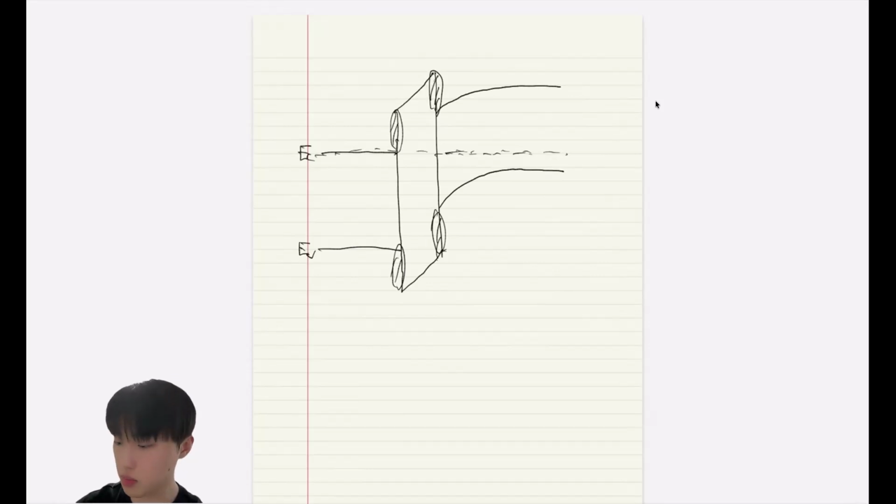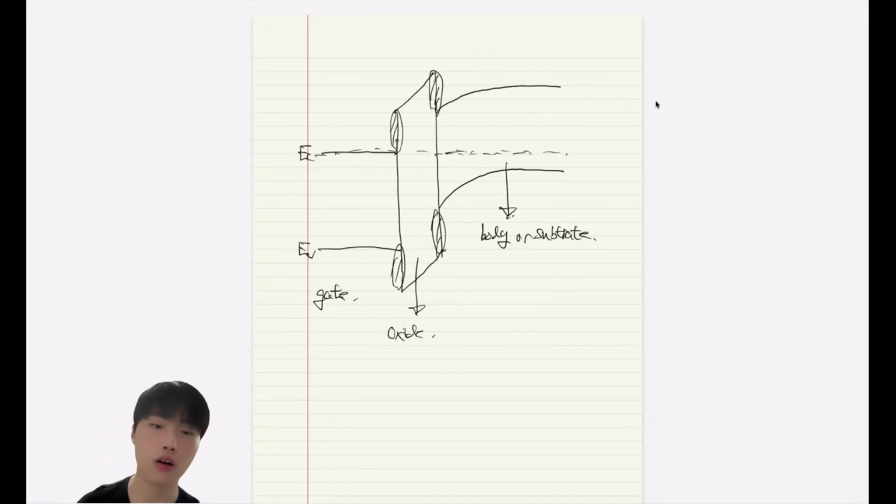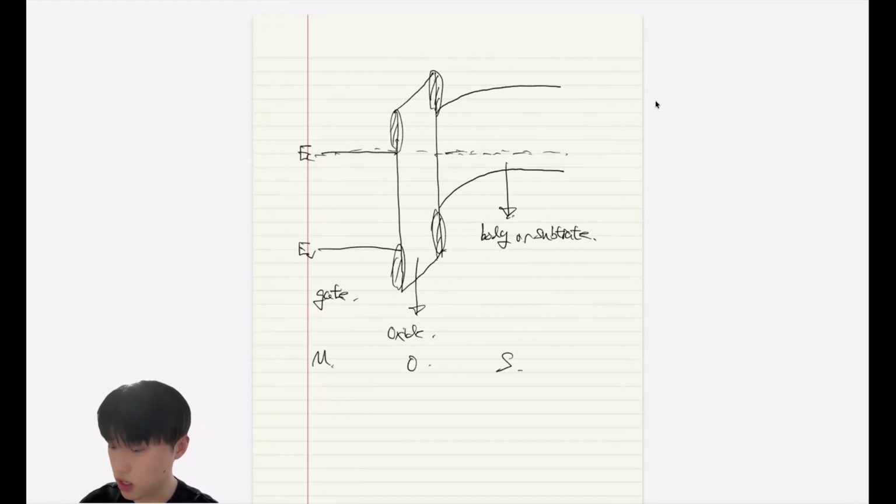So this part is the gate, and this part is the oxide, and this part is the body, or we say this part is the substrate. There are several words we can use. So this is the metal oxide semiconductor.